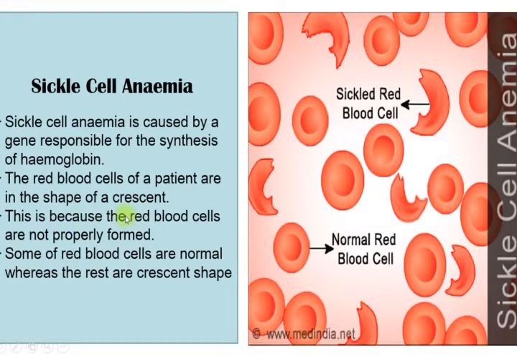This is because the red blood cells are not properly formed because of the abnormal hemoglobin. Some of the red blood cells are normal, whereas the rest are crescent shaped. So that is sickle cell anemia because of the base substitution that occurs. It is one of the types of gene mutation.